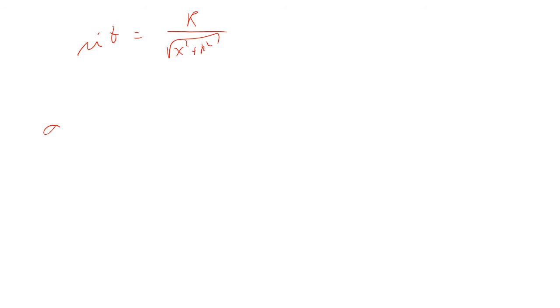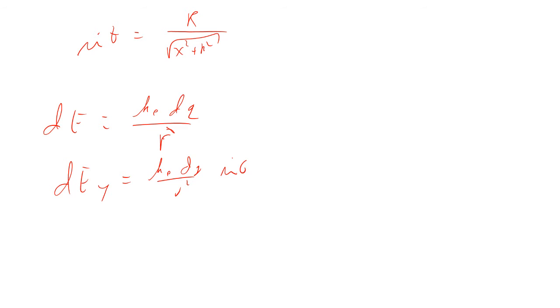And so that means that dE is equal to k sub e dq over r squared. And then dEy is k dq over r squared times sine theta.